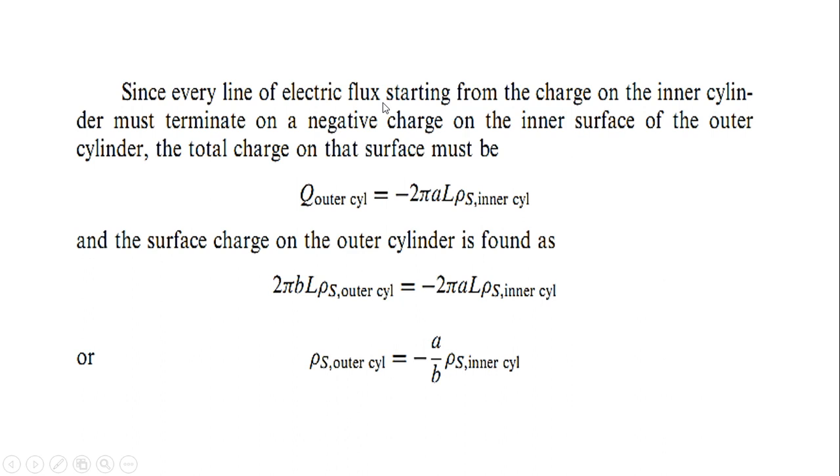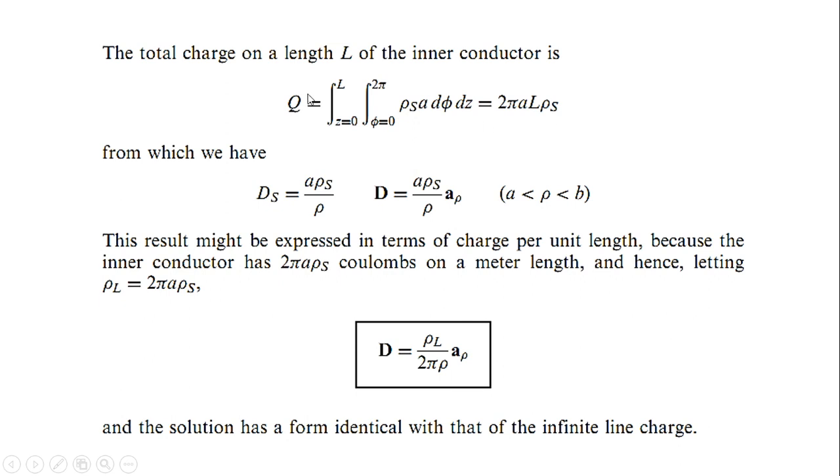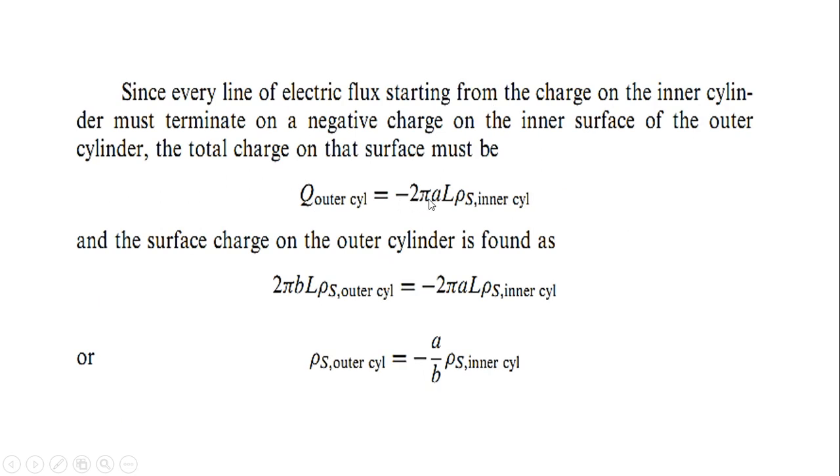Since every line of electric flux starting from the charge on the inner cylinder must terminate on a negative charge on the inner surface of the outer cylinder, the total charge on that surface must be equal to minus 2 pi A L rho S. The charge on the outer surface of the inner cylinder was equal to 2 pi A L rho S, so the charge on the inner surface of the outer cylinder will be equal to minus 2 pi A L rho S, where rho S is the surface charge density of the inner cylinder.